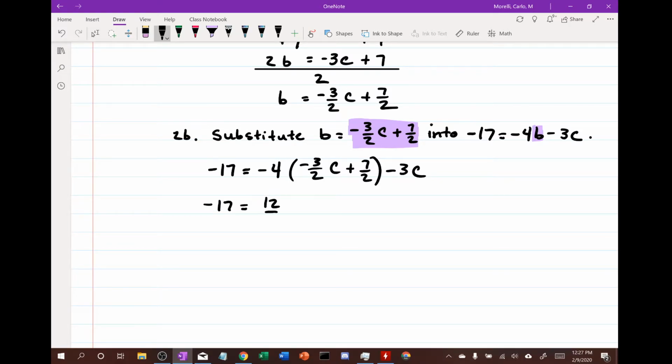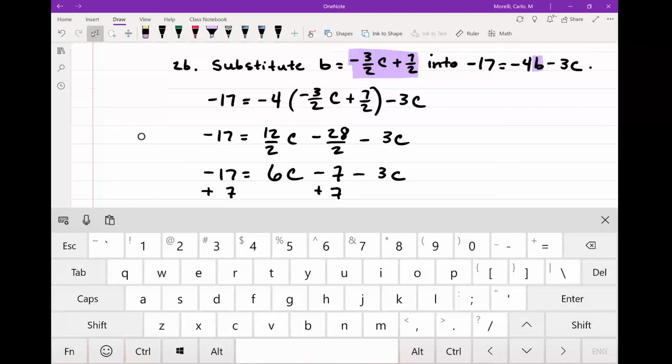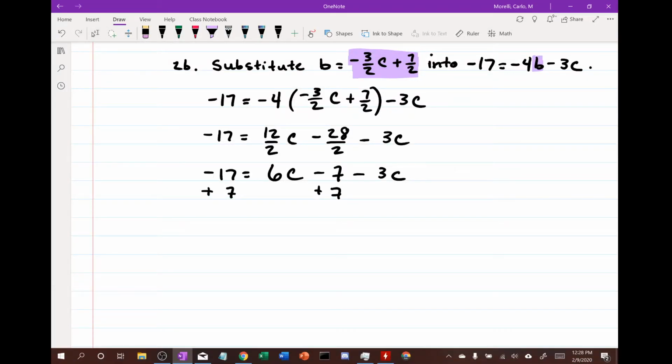-17 equals 12 over 2c minus 28 over 2 minus 3c. -17 equals 6c minus 14 minus 3c. -28 divided by 2 is 14, so I will now add 14 to both sides. -17 plus 14 is -3.